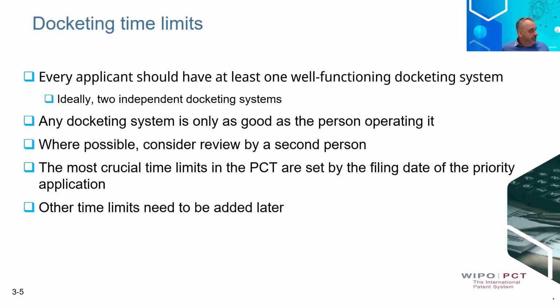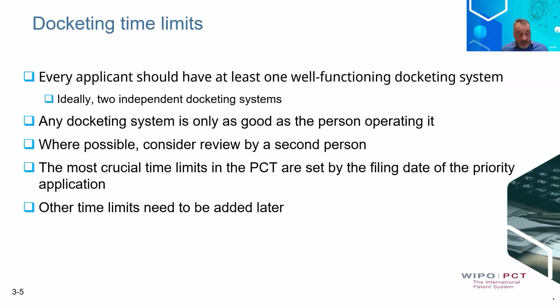The most important time limits in the PCT system, and those are the ones which I really would hope you are never ever going to miss in your future filings of PCT applications, tend to all be set based on either the filing date or the priority application, mostly the priority date.